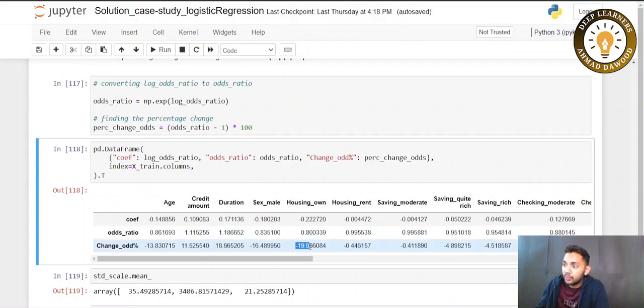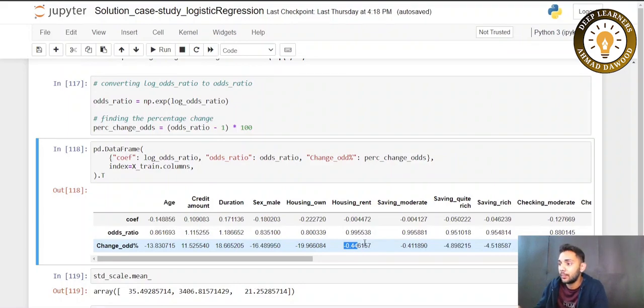It means 20% decrease in odds when a person has own house compared to the person who has free house. In this way, 0.44%, the person who has rented house has 0.44% less odds compared to the person who has free housing. Okay, in this way you can interpret that.